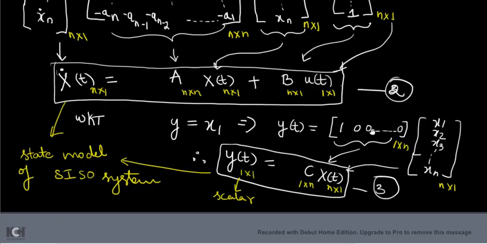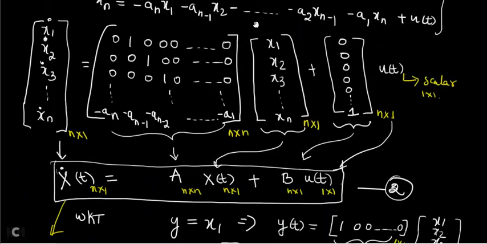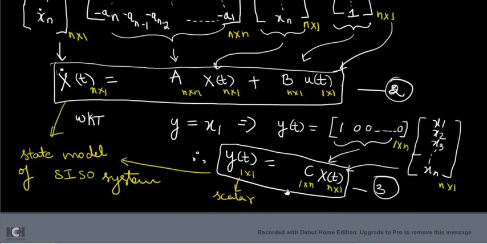Call this [1 0 0 0] another matrix C, and call x1, x2, x3, xn capital X of t. So I got y of t is equal to capital C into x of t. Call it equation 3.